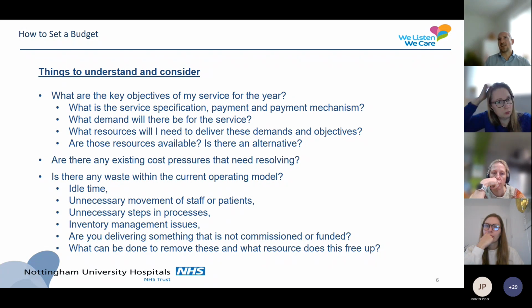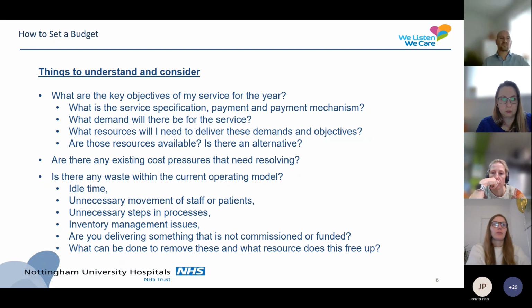Then there's the reduction: they want to reduce to zero the 65-week waiters by the end of March 2024. So it's factoring in the amount of activity that you would need to deliver in order to get to that point. Again, with the diagnostic pathways, it's getting back up to 95% of patients being seen or tested within 2 weeks.